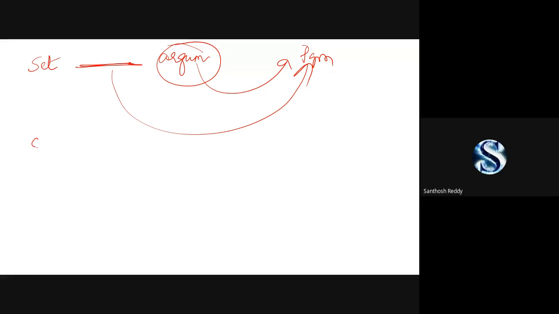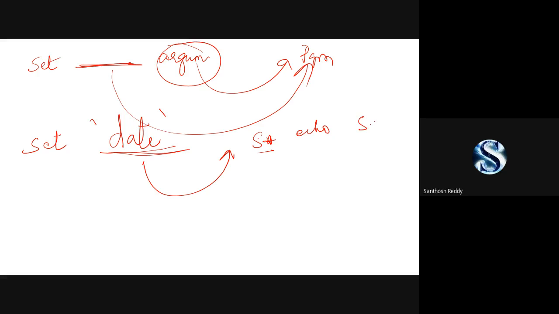So how to set it? Use the backtick operator around date, and close it with the repeat operator. Whatever output you get, these arguments are going to get stored in $*. If you put echo $*, you are going to get the output like normal.